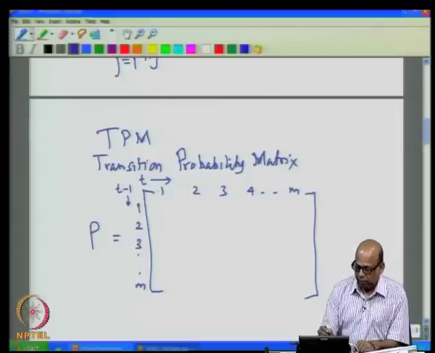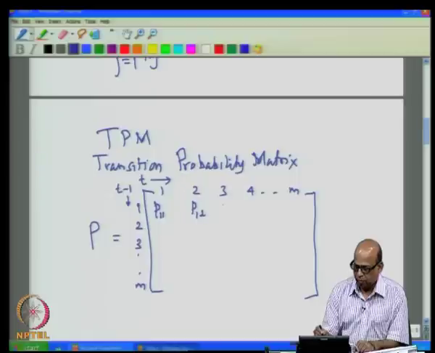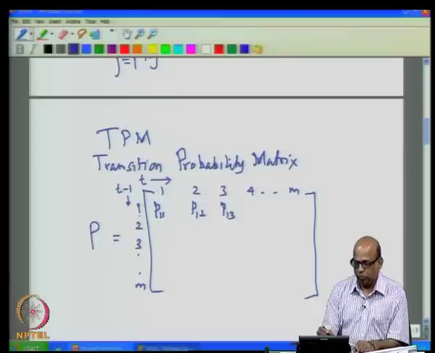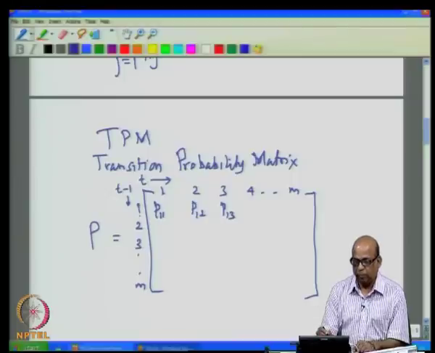So, this will be P 11, P 12, P 13 etcetera. That is, starting with class interval 1 in time period t minus 1, the probability that it goes into class interval 1 in the next time period t is given by P 11.